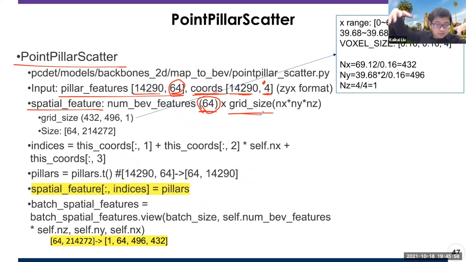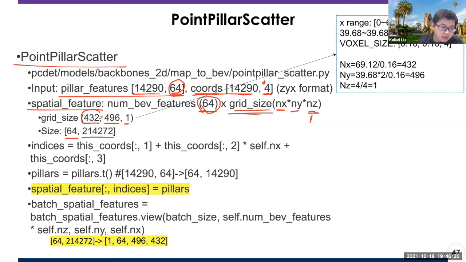Grid size is the 3D space in voxel cells: number of cells in X, number of cells in Y, and number of cells in Z. Because it's a pillar, that's why the number of Z is 1. Then for the grid size, we create a spatial feature of size 64 times this number, and the actual grid size is 432, 496 times 1. 1 is NZ.